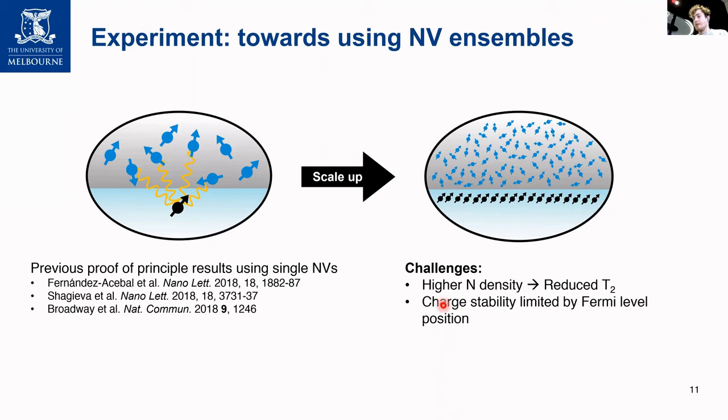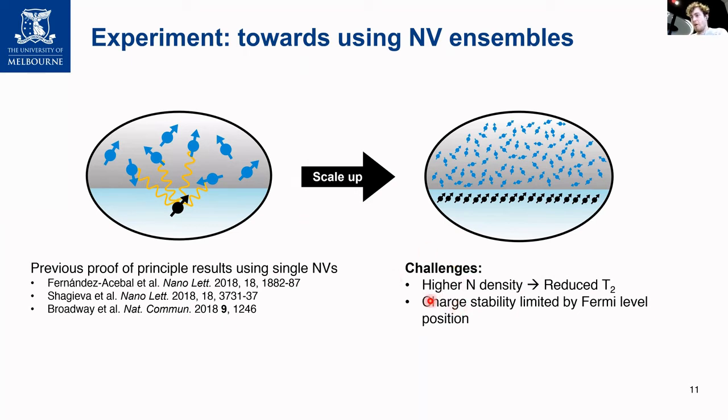And the second issue is that we require the negative charge state of the NV defect in order to sense or polarize. And this is just typically not stable near the diamond surface, because there are defects at the diamond surface that result in band bending that mean it's hard to be charge stable near the diamond surface.